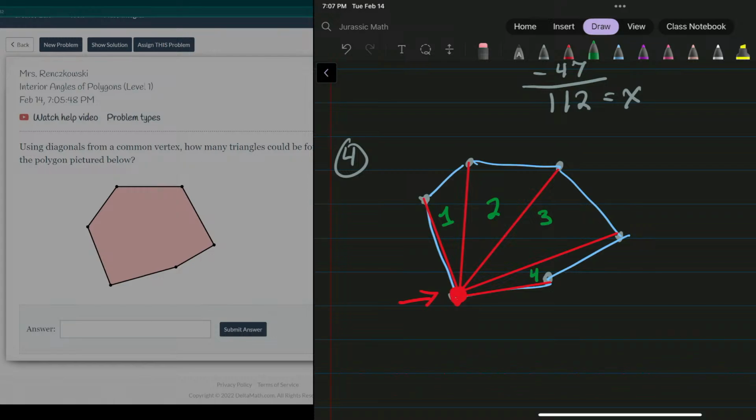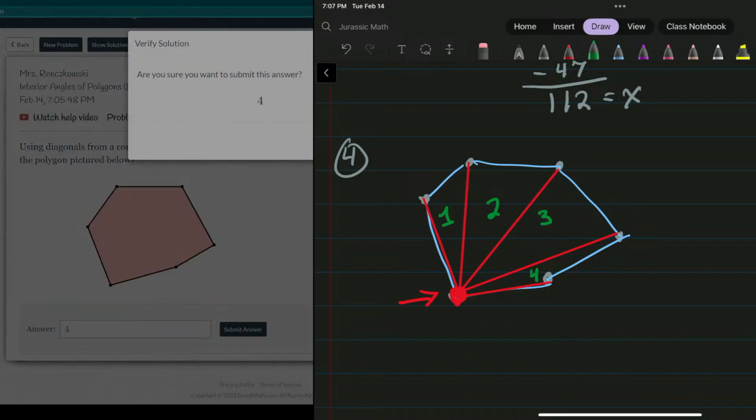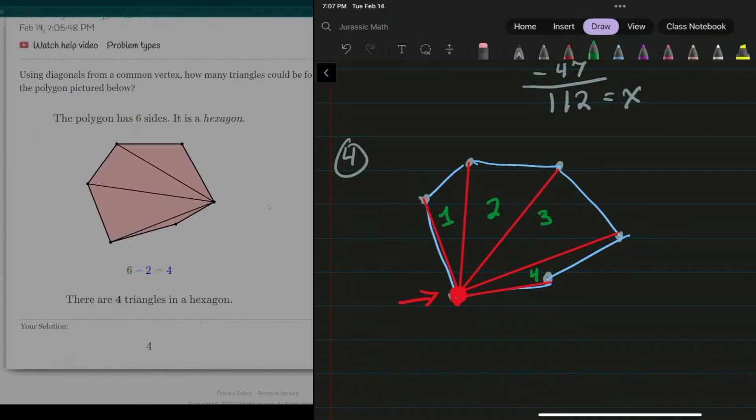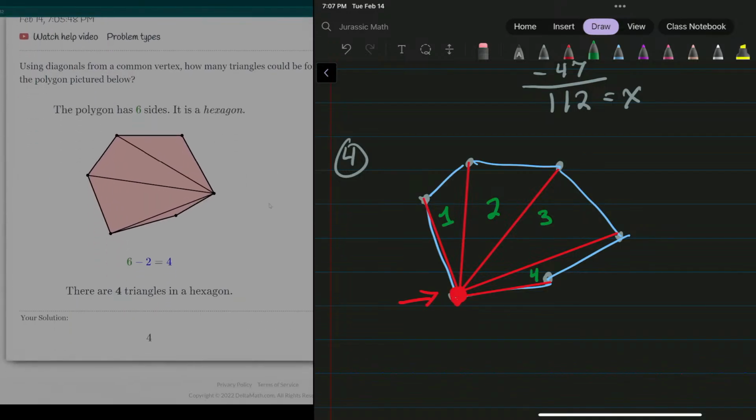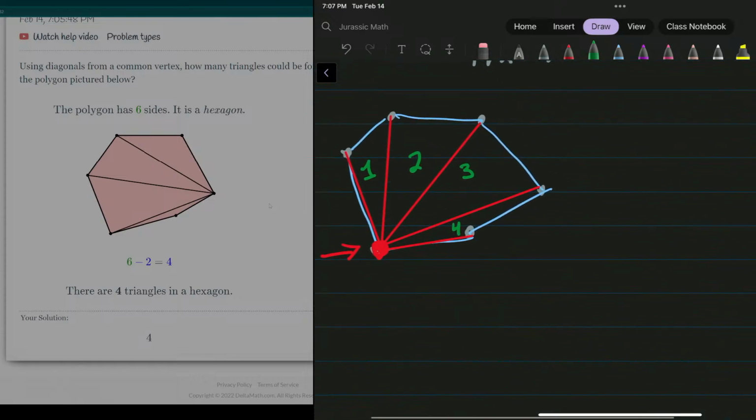So there are 4 triangles. If they wanted to know the angle sum, there is a formula that we will learn: 180 times n minus 2, where n is the number of sides. But we will be going over that more on Thursday.